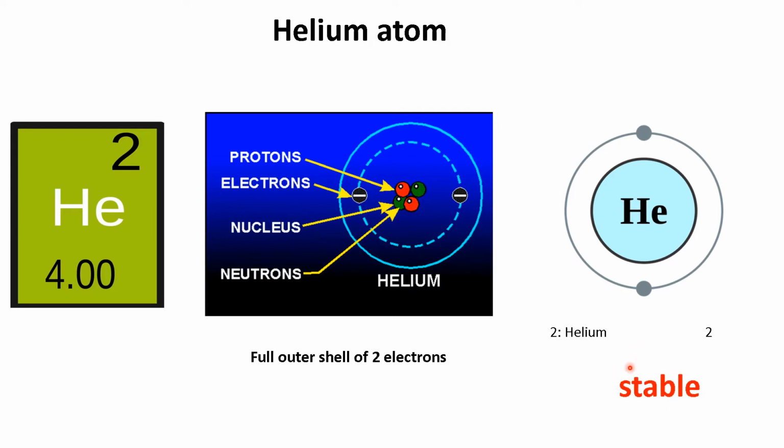It is stable and unreactive because the outer shell contains 2 electrons. This stable arrangement of electrons has a very important result. It makes the group 8 elements unreactive.